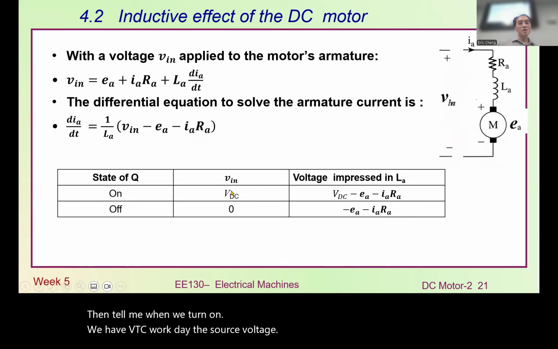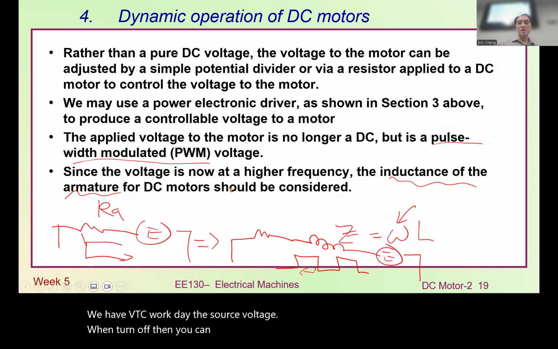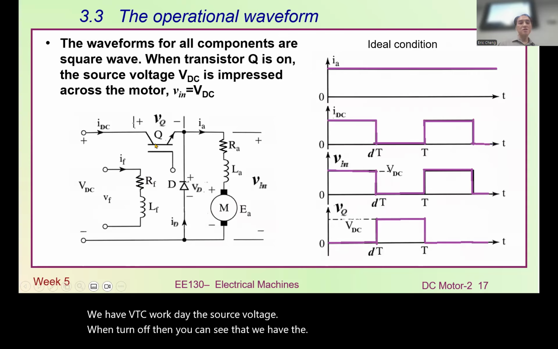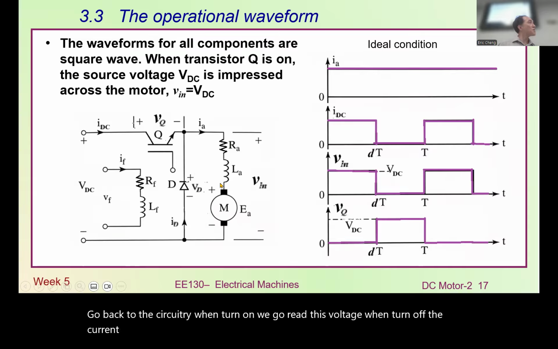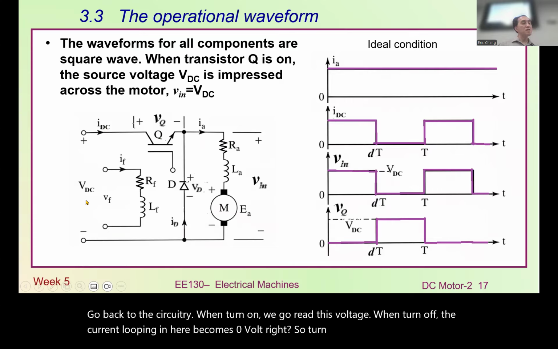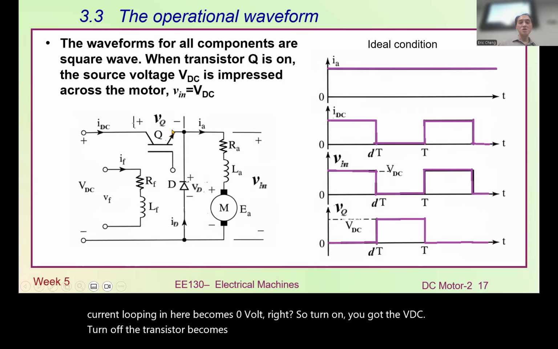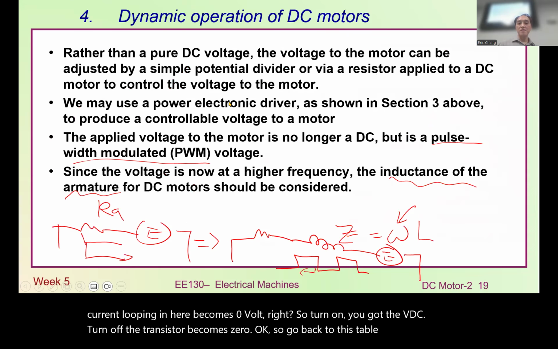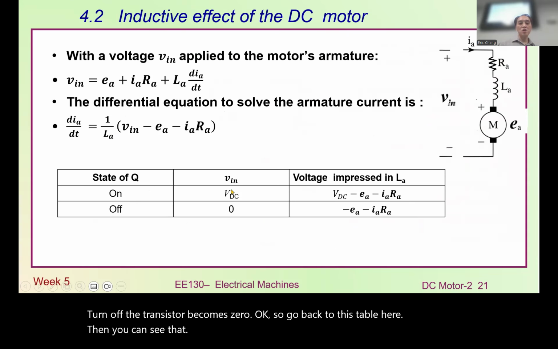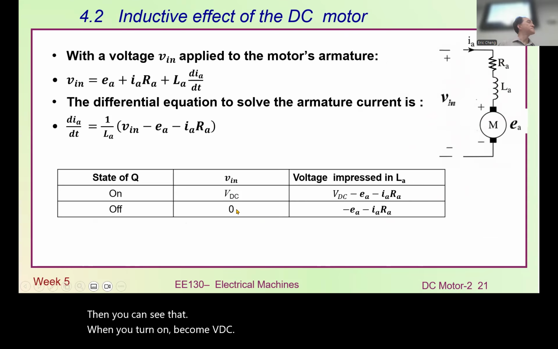When we turn off, the current looping in here becomes 0 volt, right? So turn on equals VDC, turn off the transistor becomes 0. Go back to this table here, and we can see that turn on becomes VDC, turn off becomes 0. That's the voltage across the motor.